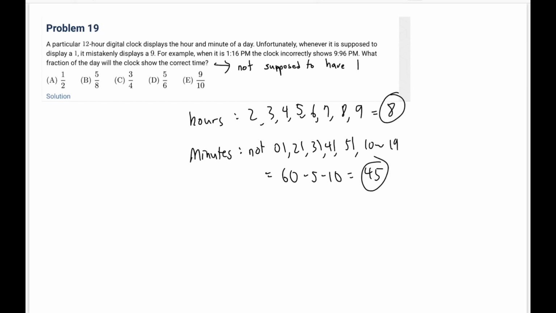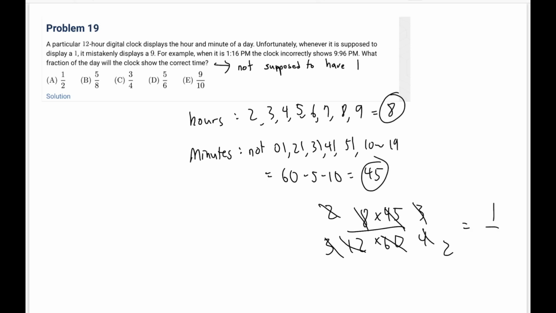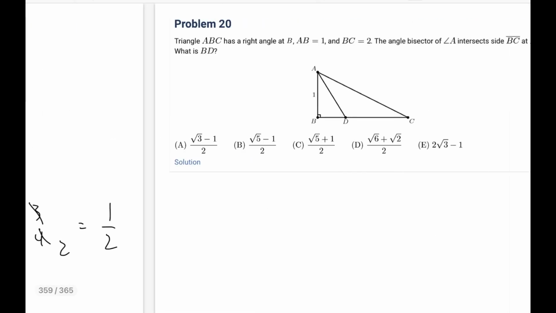So the fraction of the day the clock will show the correct time is 8 times 45 over 12 times 60. So this becomes 3 over 4, this becomes 2 over 3. These two cancel. These two also cancel as 2. This is 1 over 2, so the answer is A.